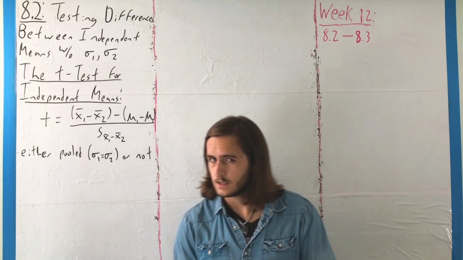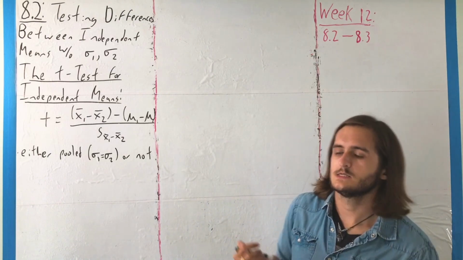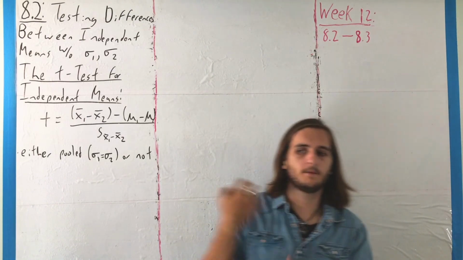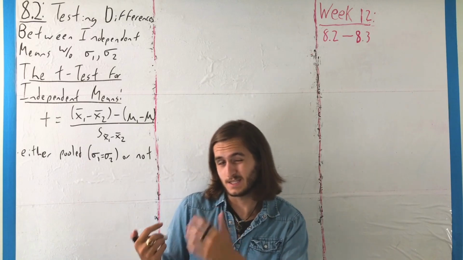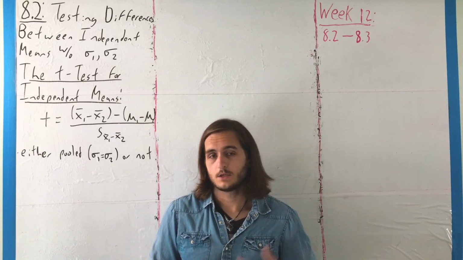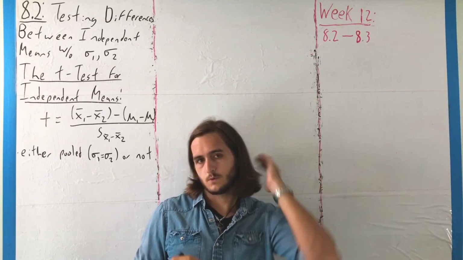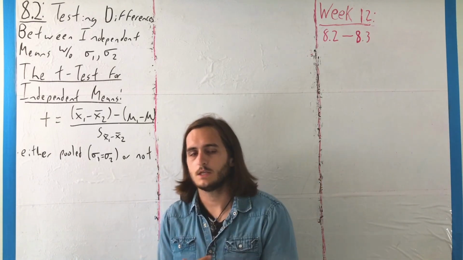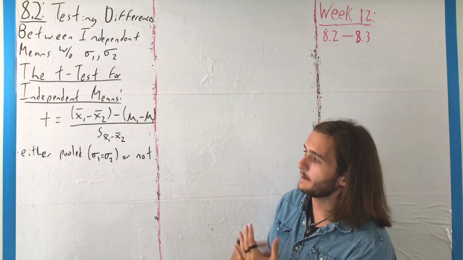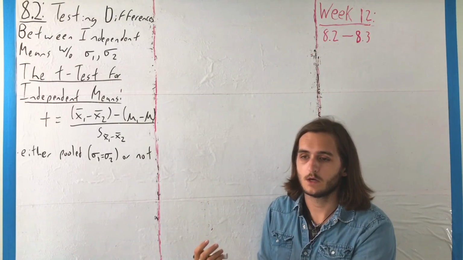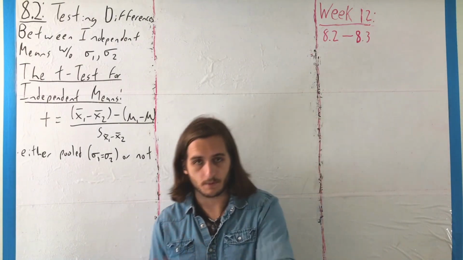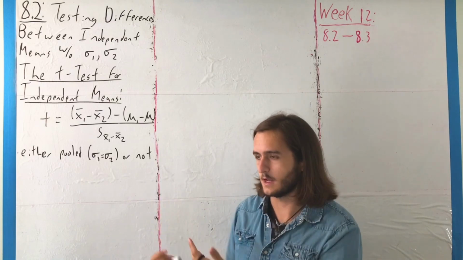For the pooled case, essentially what we're assuming is that our two populations are, at least in some sense, very similar, if not the same. So similar that we can take their variances as equal. So if you either see something that refers to the populations as having equal variances or pooled samples, pooled populations, those mean the same thing.